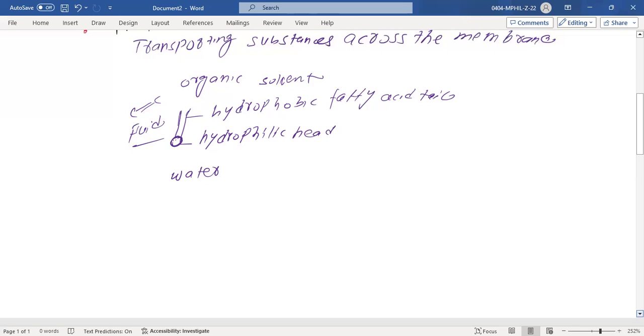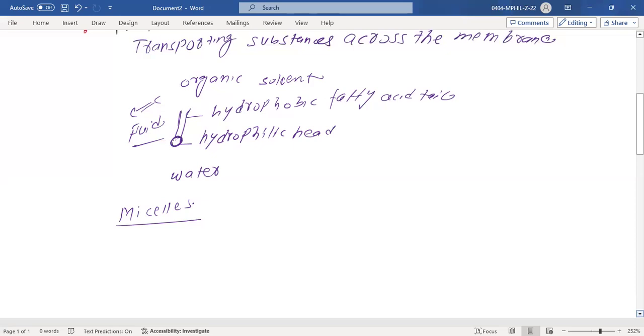Yes. So now another concept that you should keep in mind is micelles. Do you have an idea about it before? Micelles. No, sir. So micelles are actually a specific structure.